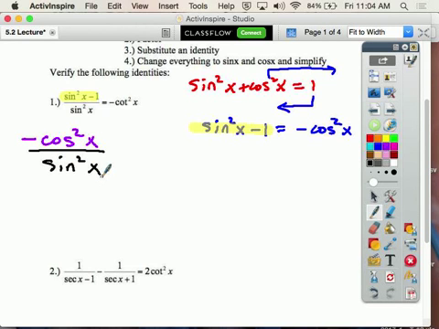Now I notice I have cosine over sine, which we know is cotangent, but they're both squared. So I rewrite this as negative cotangent squared of x, and I have proved that what I started with is equal to negative cotangent squared x. So when you make one of the sides look like the other side, you are done.